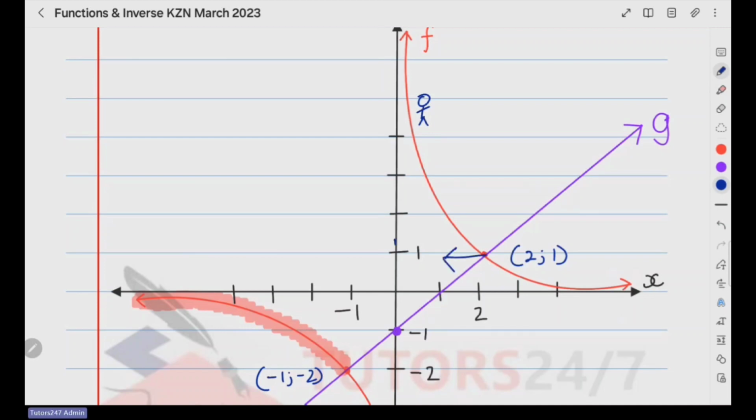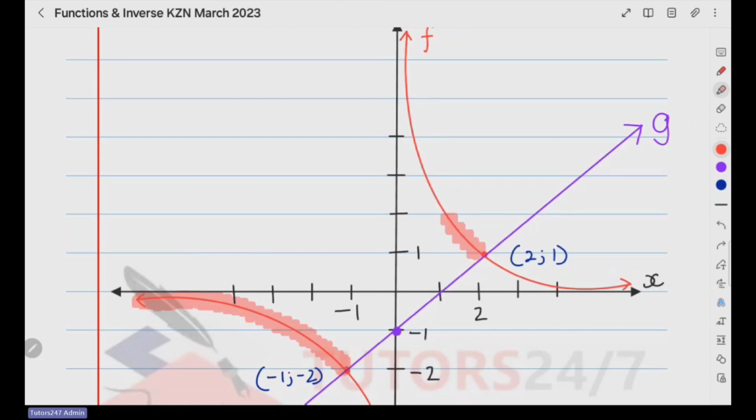However, we can't go beyond this point x is equal to 0 because that's an asymptote. The function does not exist at that asymptote. So we need to stop before we get to 0. So we can now state that our red function will be above the purple function from x is equal to 2.